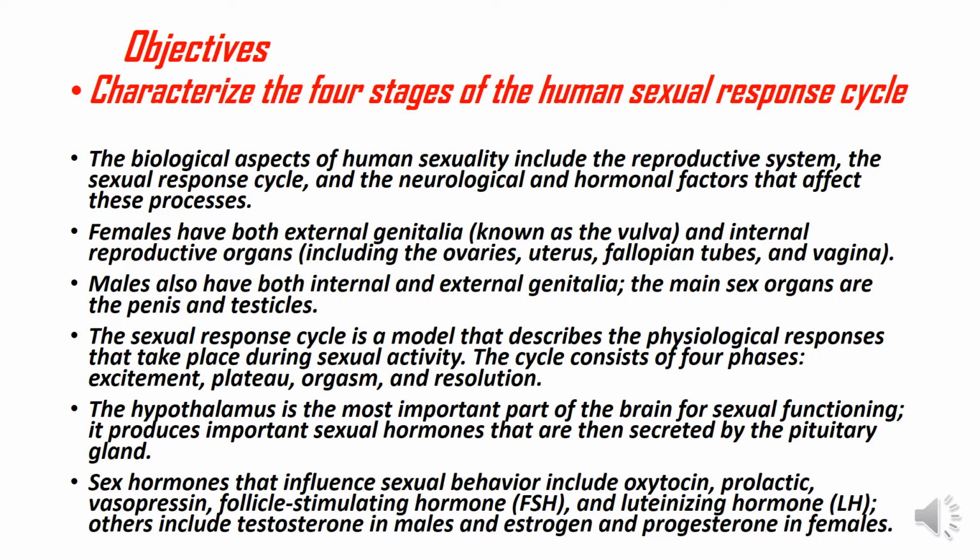Sex hormones that influence sexual behaviors include oxytocin, prolactin, vasopressin, follicle-stimulating hormone, or FSH, and luteinizing hormone, or LH, and others also include testosterone in males. This refers to boys, and estrogen and progesterone refer to females.